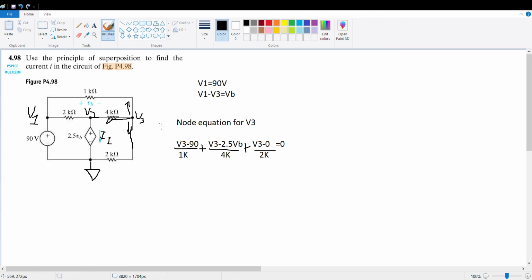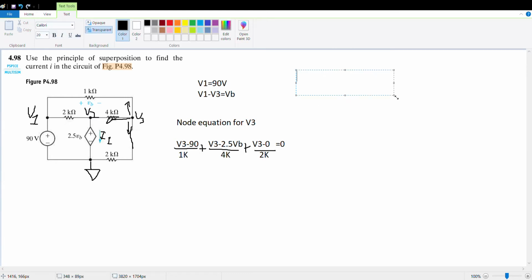And we also need the node equation for V2. At V2, we have V2 minus V1 over 2K, the current leaving the node towards V1.